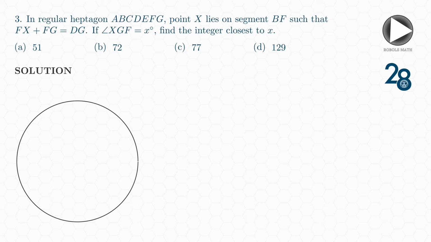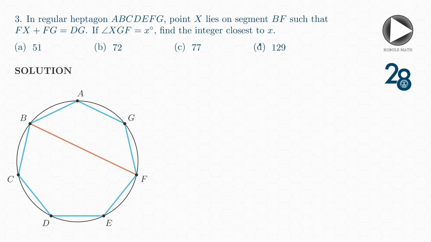So in this case, we have this black circle. Draw 7 points here for the heptagon, then the segments. And then we're given point X lying on BF. So we draw segment BF here, and then X somewhere on that line.